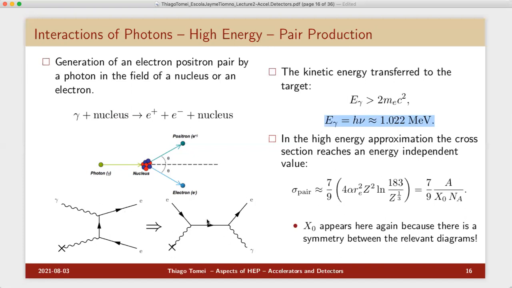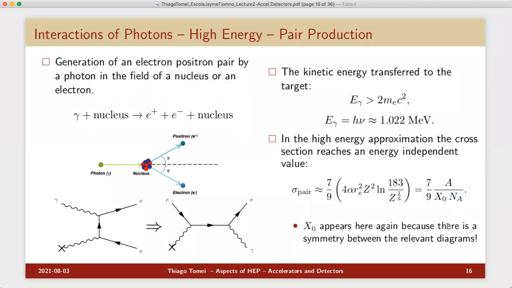And because of this symmetry, when you do this calculation, it turns out that the cross-section of pair production comes out to be this expression. Fine, you do it.